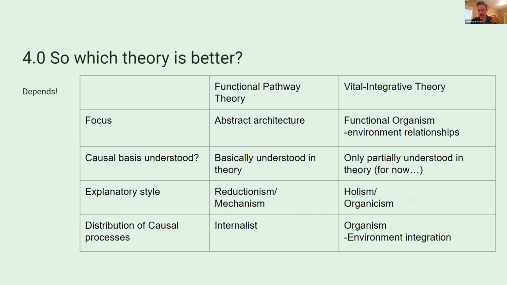And finally, one more important point is that on the functional pathway theory, the causal processes are in the organism, whereas in the vital integrative theory, they span the organism and its environments insofar as they are relied on for the life processes.